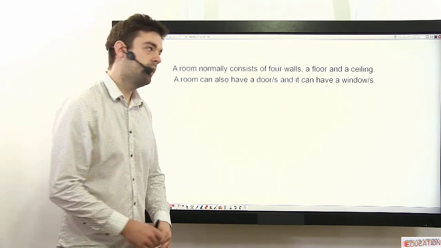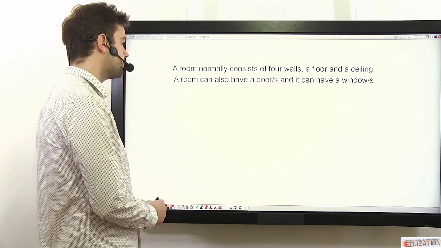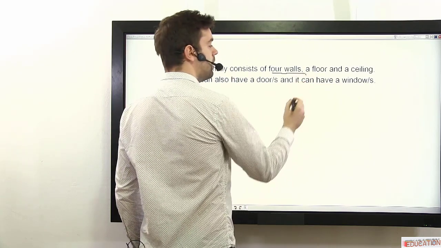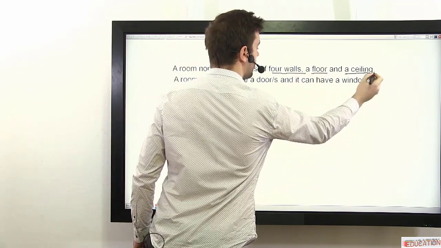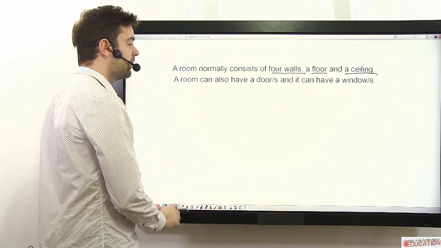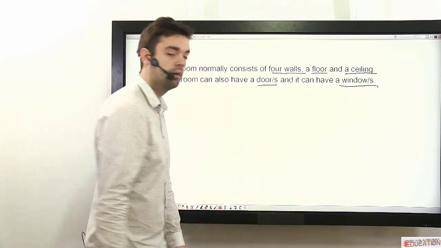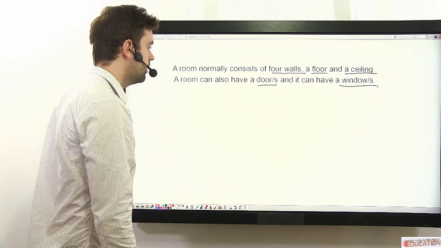So, we have a room, and a room normally consists of 4 walls, a floor, and a ceiling. A room can also have doors, and it can have windows. So let's draw this.